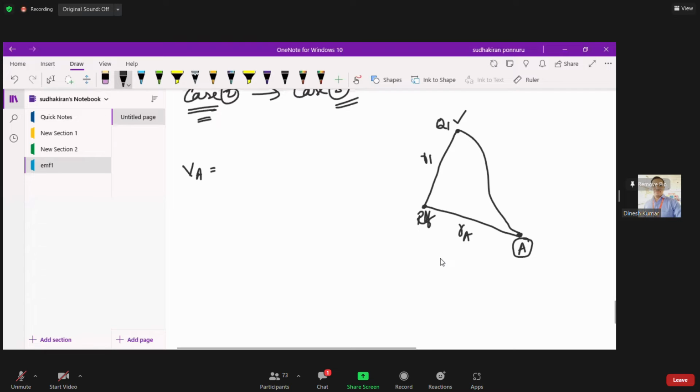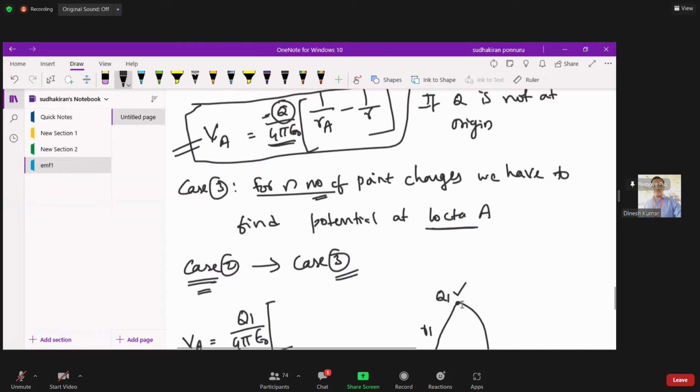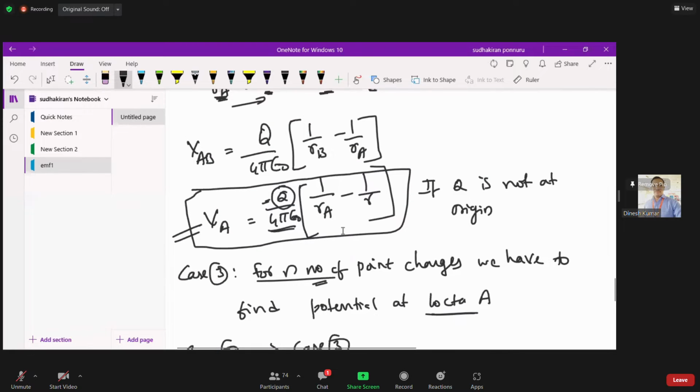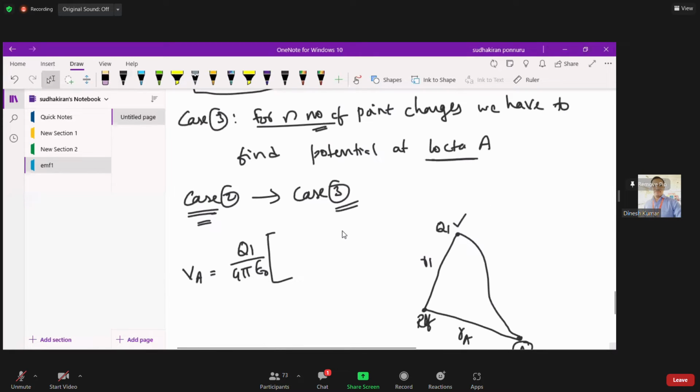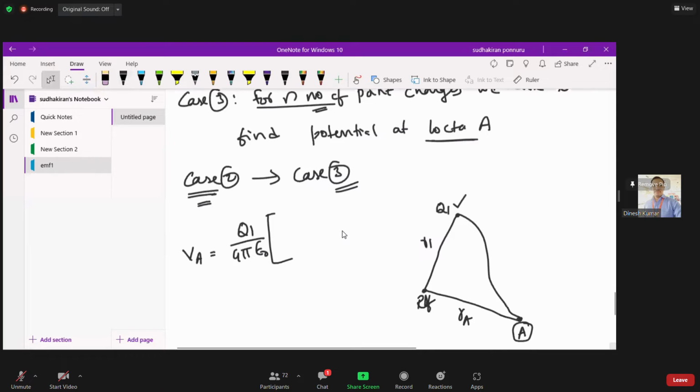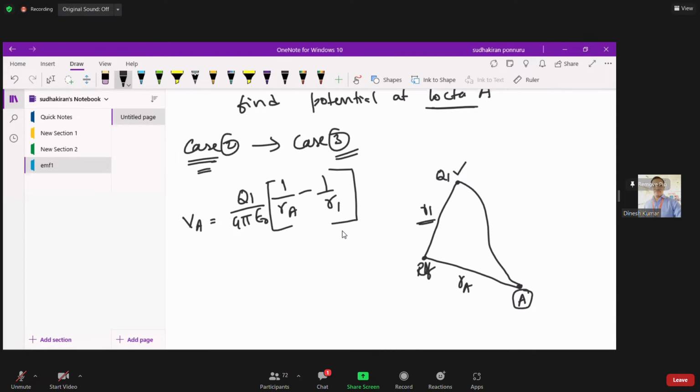So VA is equal to Q1 divided by 4 pi epsilon naught multiplied by 1 by RA minus 1 by R, but here in place of R, you have R1.